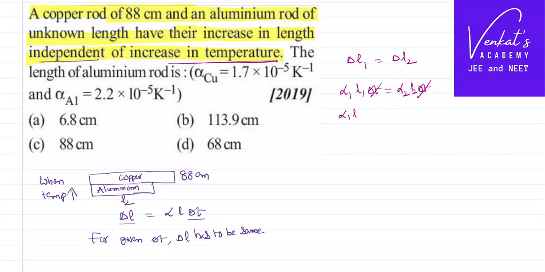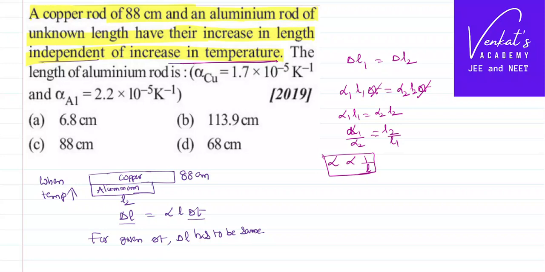Then you get alpha 1 L1 equal to alpha 2 L2, or alpha 1 by alpha 2 equal to L2 by L1, or alpha is inversely proportional to length.